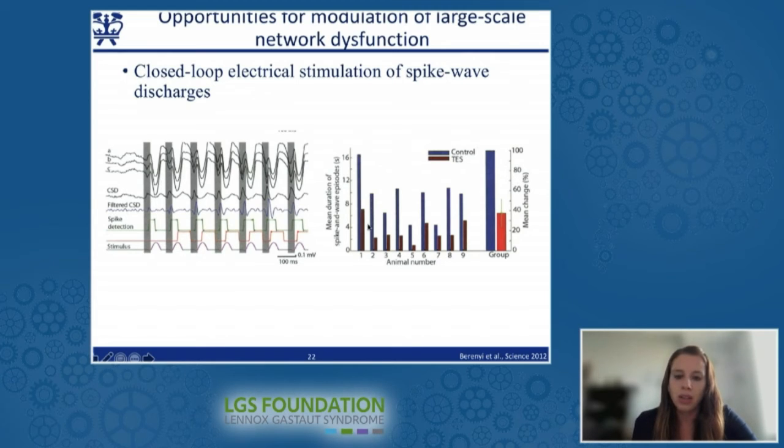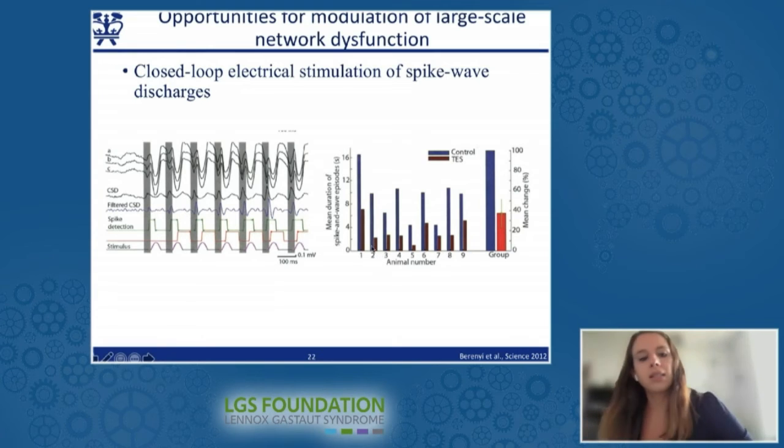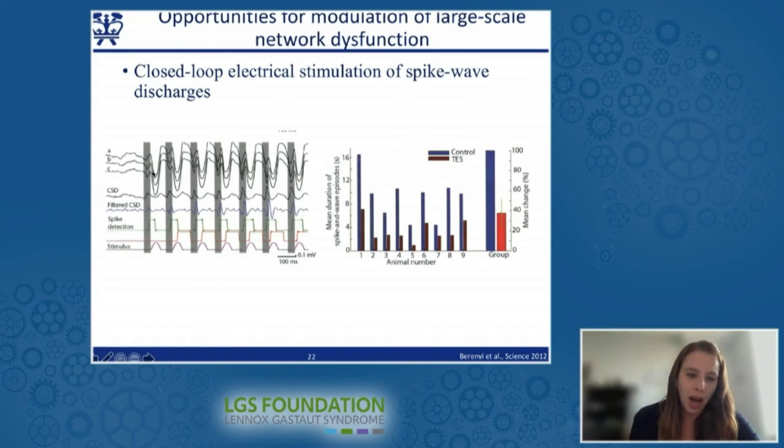And what they found is that actually decreased the duration of spike wave episodes in their rodents. And so the thinking here is that we're able to disrupt the pathologic synchronization by delivering this Gaussian stimulation such that repetitive activity, such as repetitive spike wave discharges or a spindle oscillation, is prevented from occurring.